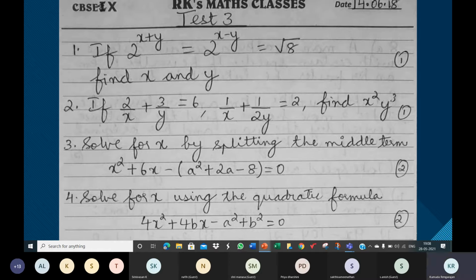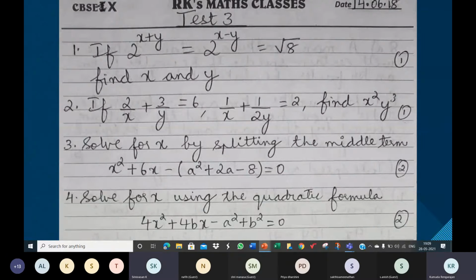Yes, what are the values of x and y? X is 3 by 2, Y is 0. What are the equations you got?